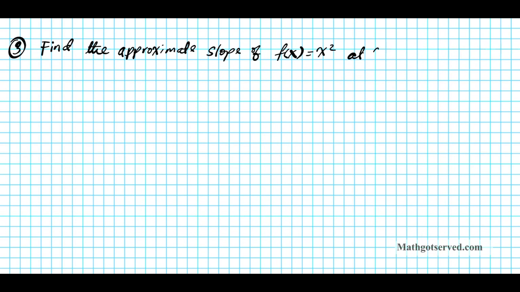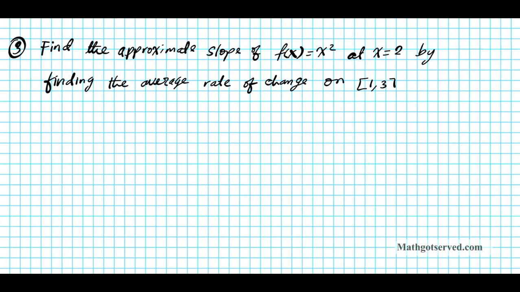The approximate slope at x equals 2 by finding the average rate of change on 1 comma 3.